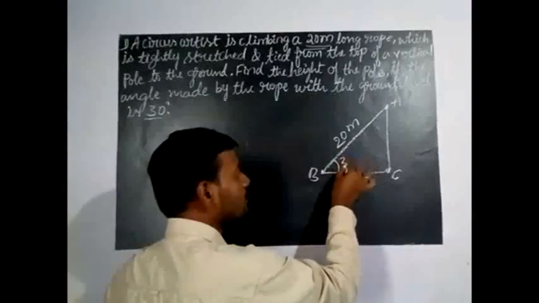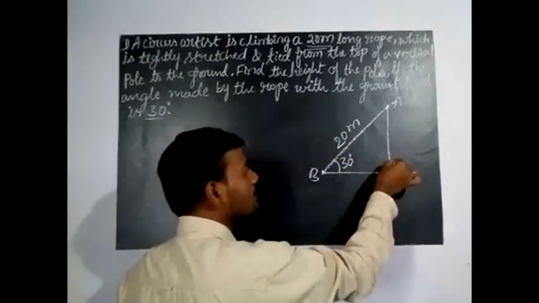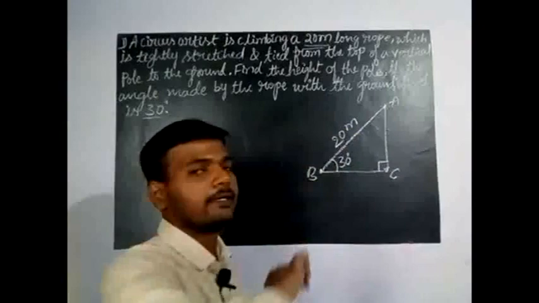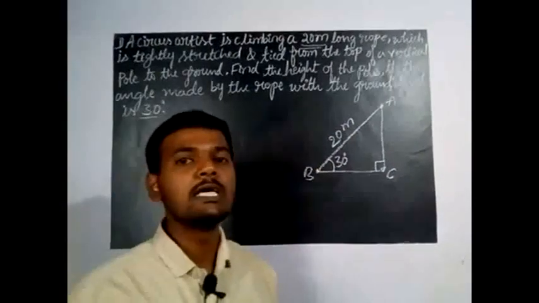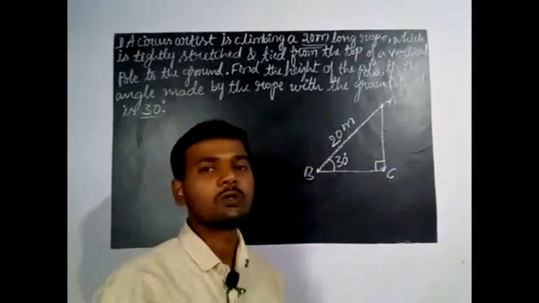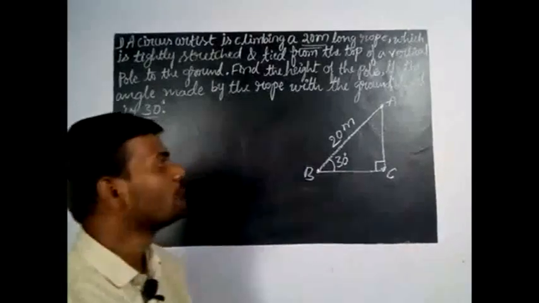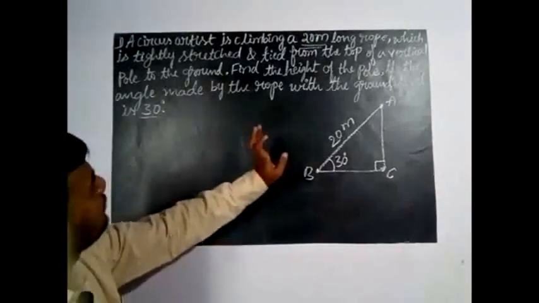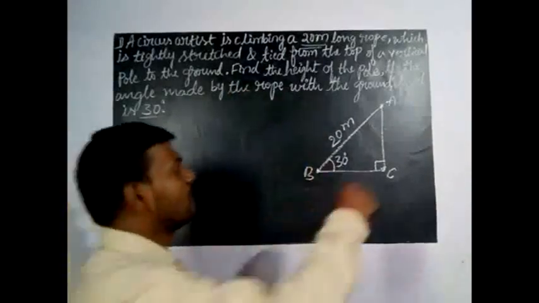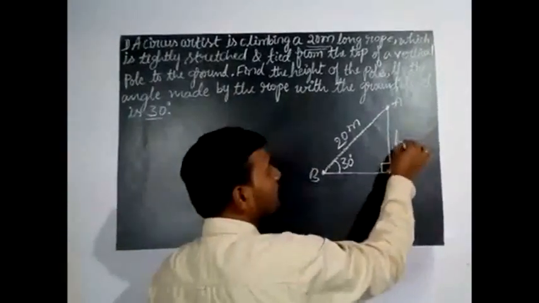This angle is always 90 degrees because the pole stands vertically. Now what we have to find? We have to find the height of the pole, that means AC.